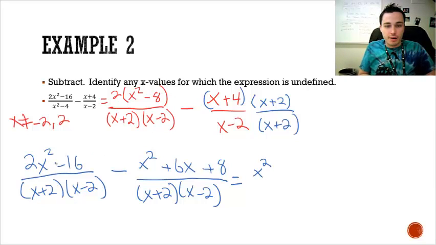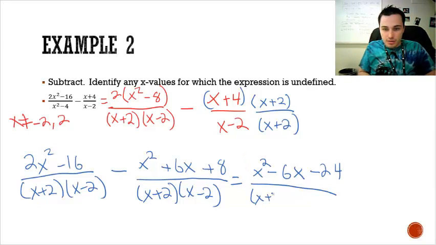There is no x here, and we're minusing a positive 6x, which is going to change that to a negative 6x. Okay? And then I have negative 16, and I'm subtracting positive 8. So negative 16 minus 8 is negative 24. All right? Over x plus 2, x minus 2.